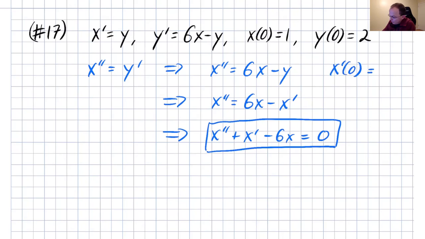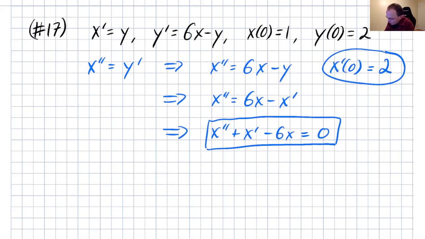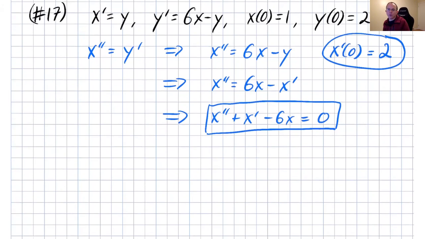Well, x prime is equal to y. So that means x prime of 0 is equal to y of 0, which is 2. So we get x prime of 0 is equal to 2. Okay, so we have our two initial conditions that we need. So let's use Laplace transforms to solve this.